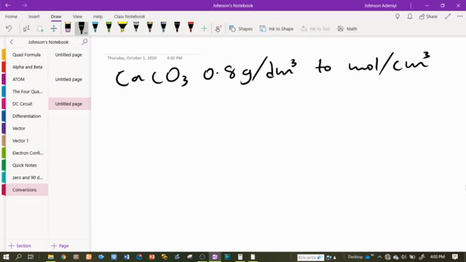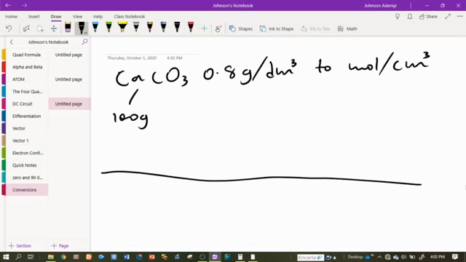So you are going to find the molar mass of calcium carbonate. The molar mass of calcium carbonate is 40 plus 12, then plus 16 times 3. So that is 100. So you have 100 gram. That is the molar mass of calcium carbonate. So you draw your line.